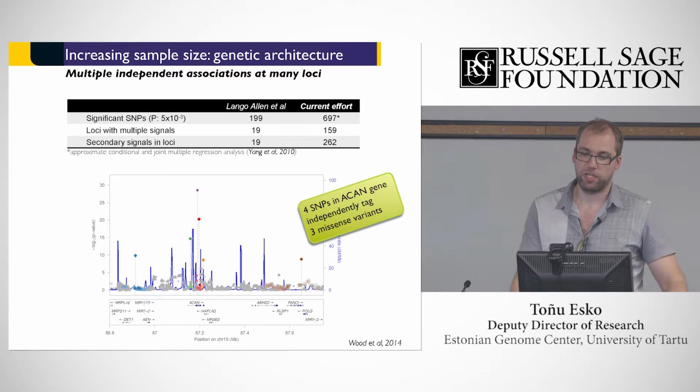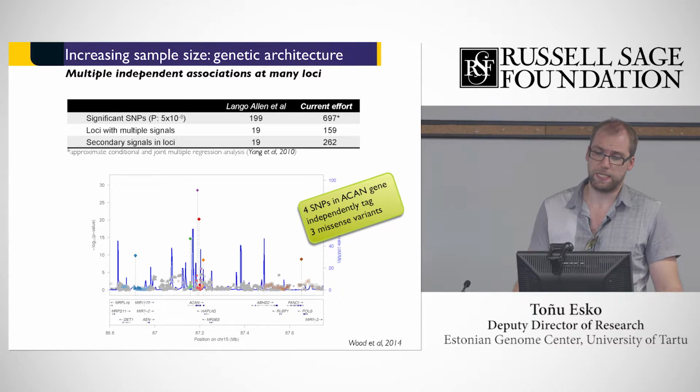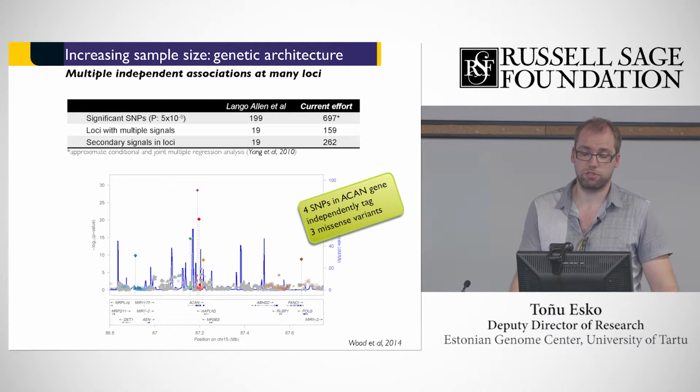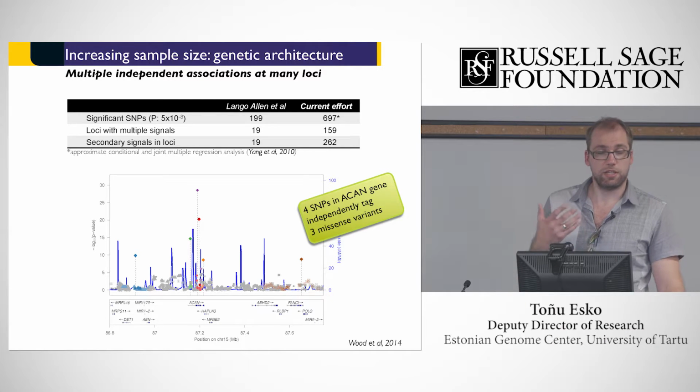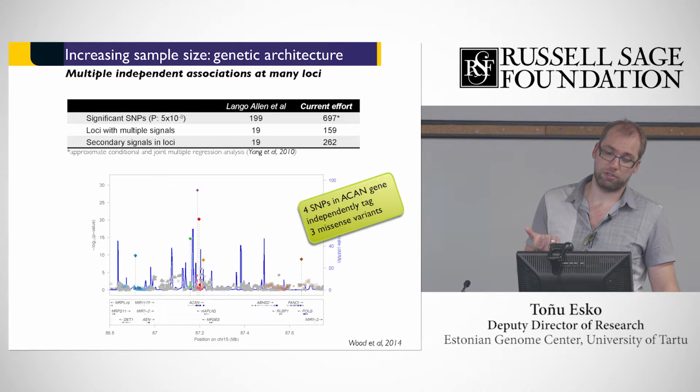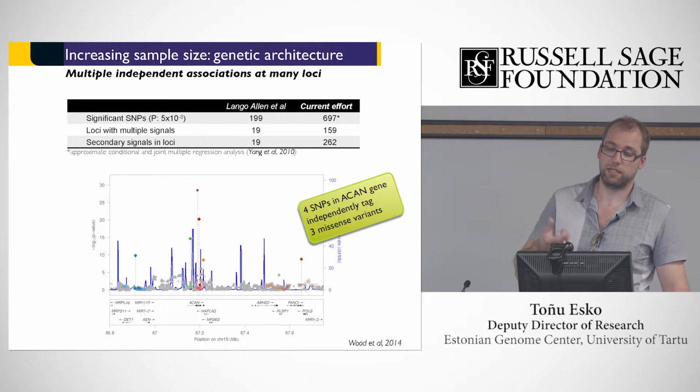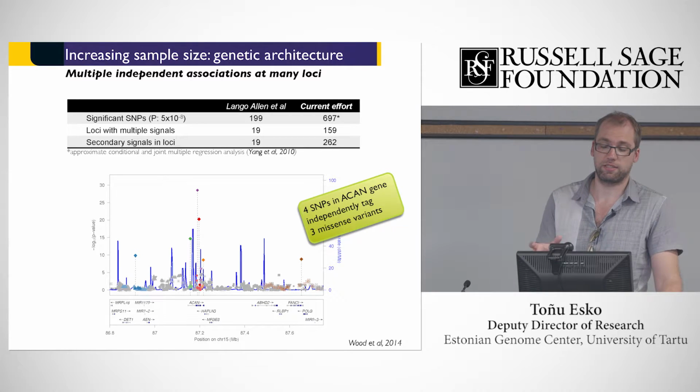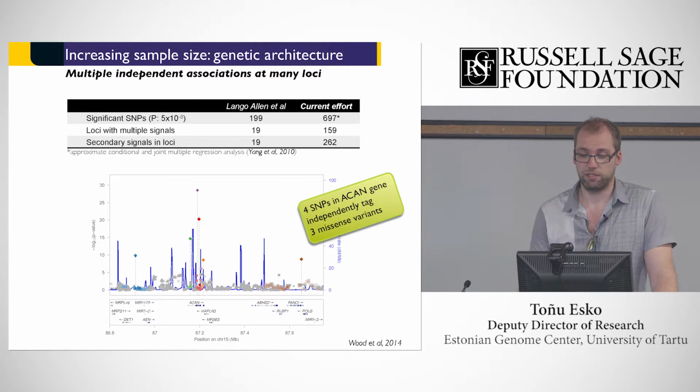Another way you can guess that a variant could be causal is to see if there are non-synonymous variants. These are SNPs that change the codon structure, so it changes which amino acid gets integrated into the protein. And quite surprisingly, those 4 variants within this Agricon gene independently tag 3 missense variants.